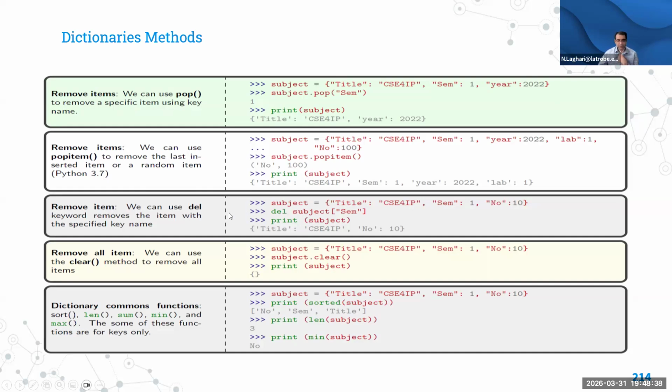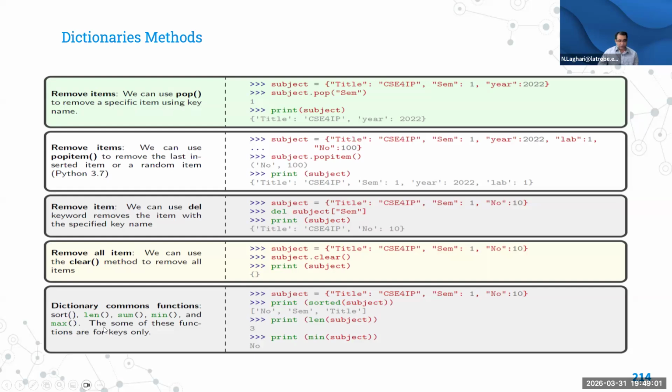We can also use the del keyword. So del, and from the subject we want to delete the sem key, so semester would be deleted. To remove all items, clear. So you say subject dot clear. So when you print, everything would have been deleted.